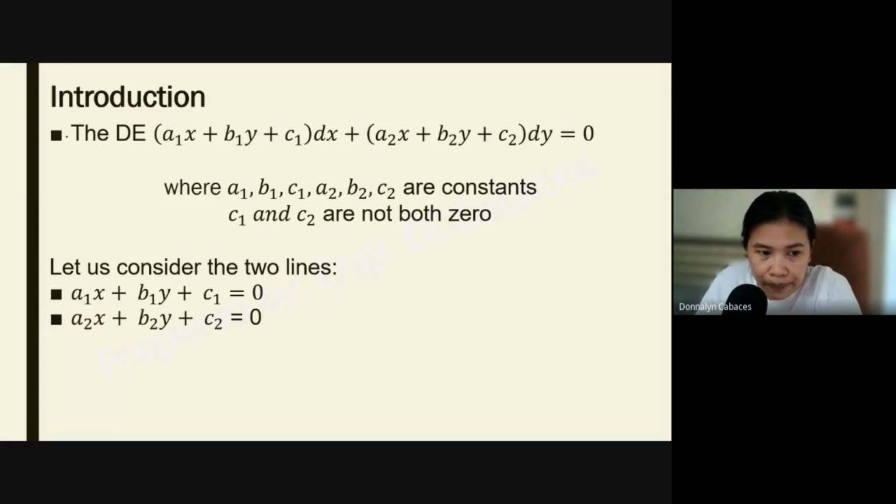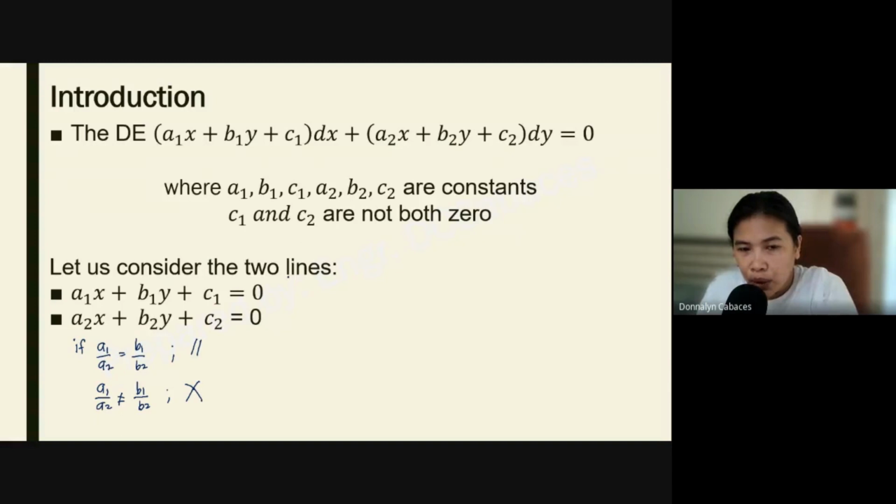So if you take the ratio of a1 over a2, and if it is equal to b1 over b2, then the two lines are said to be parallel. But if the ratio a1 over a2 is not equal to b1 over b2, then the lines are said to be intersecting lines.